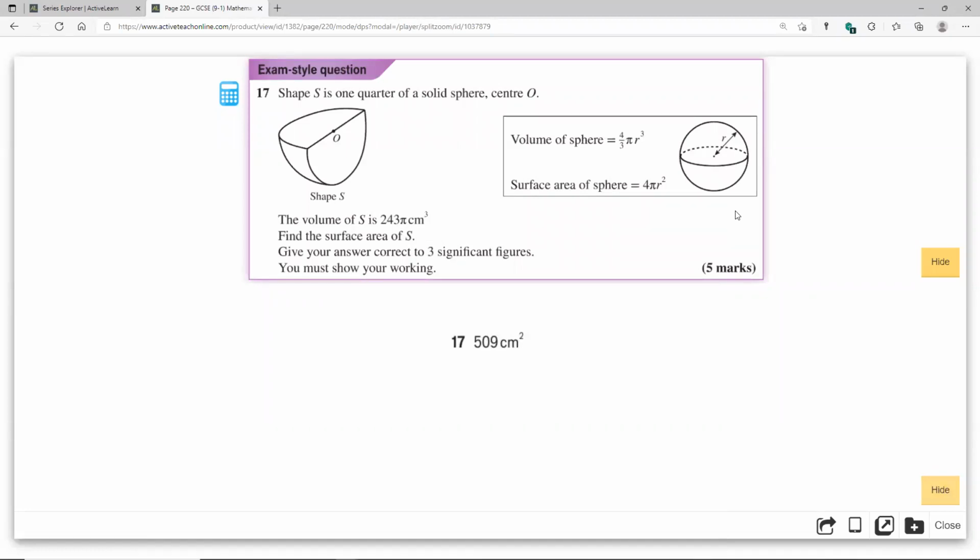Screen mirroring. Okay, right, let's try again.